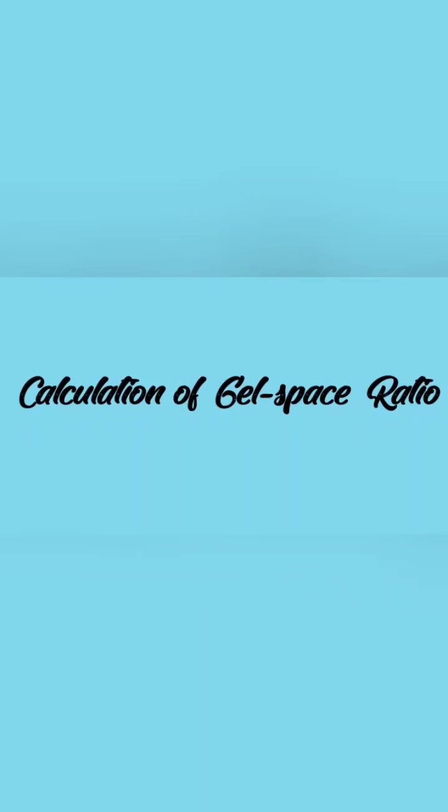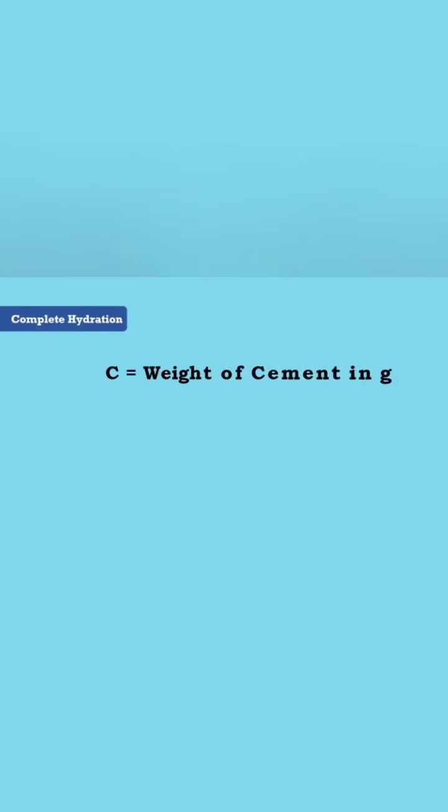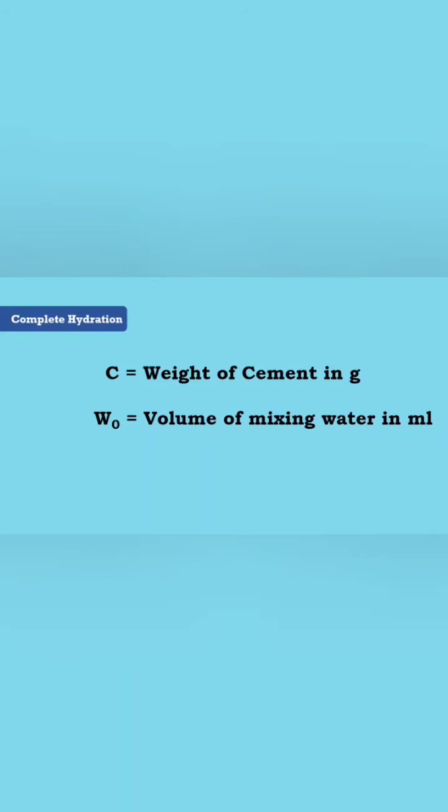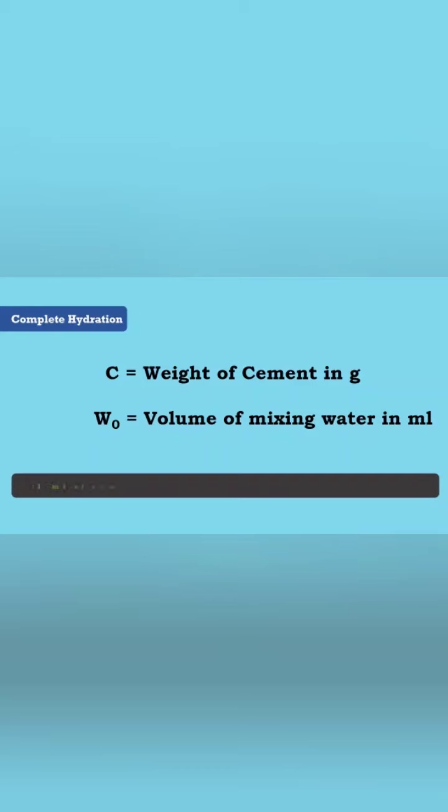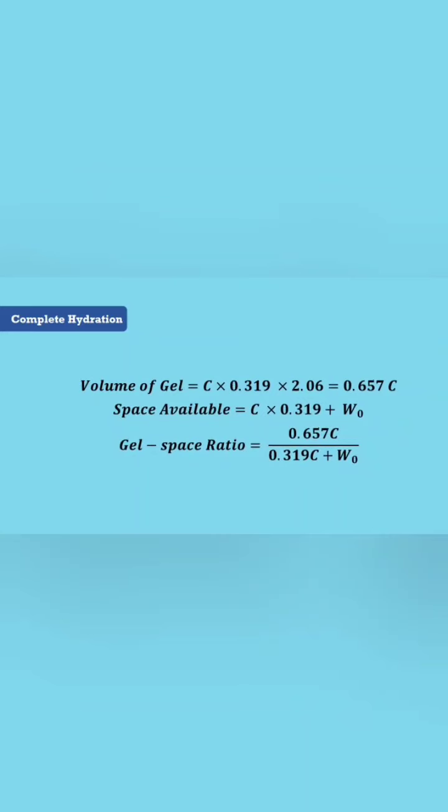Calculation of gel space ratio. For complete hydration, let C be the weight of cement in grams, and W0 the volume of mixing water in ml. Assuming 1 ml of cement on hydration produces 2.06 ml of gel, then the volume of gel and space available is expressed as follows. Finally, the gel space ratio equation becomes this.